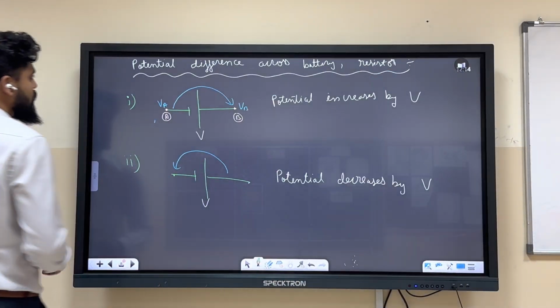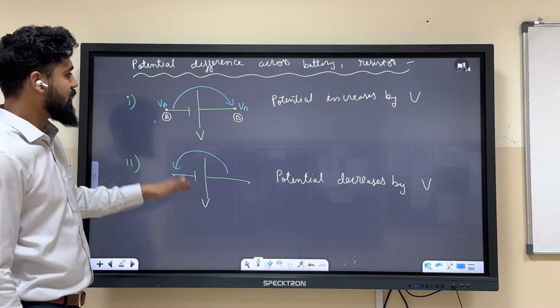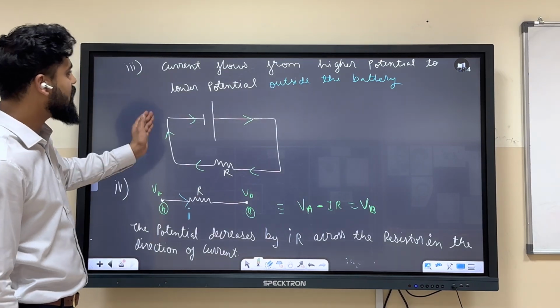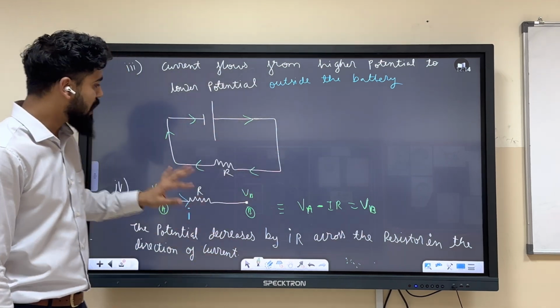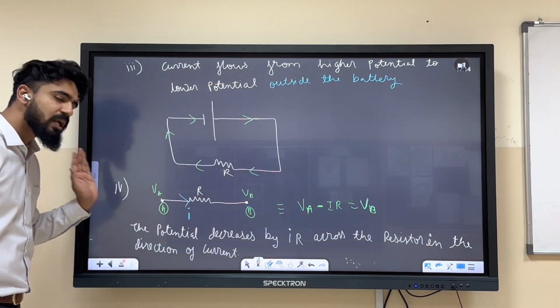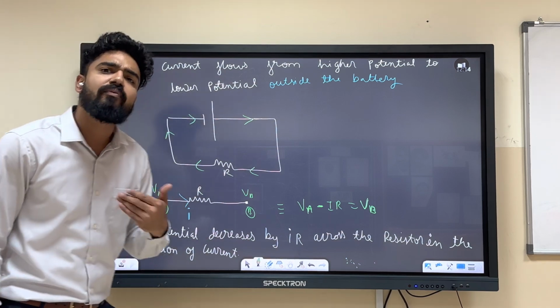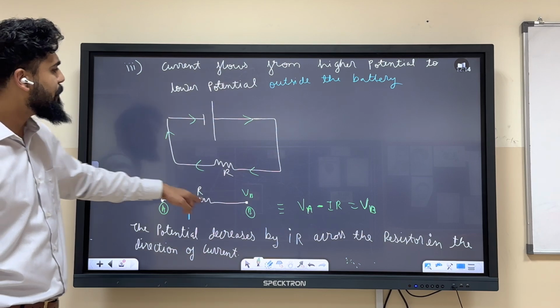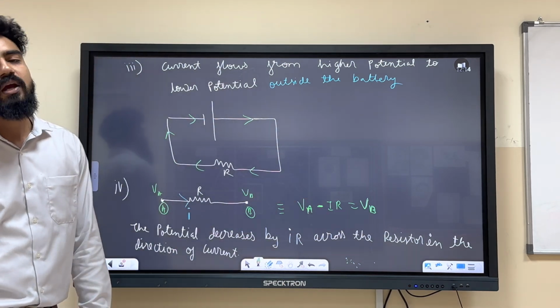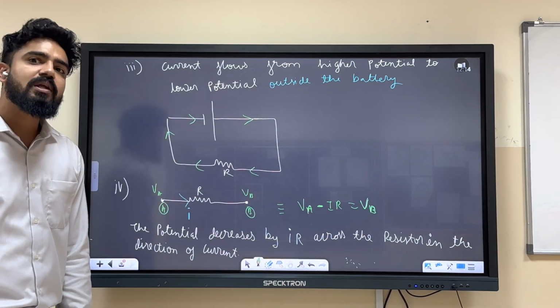Okay, so potential increases by V, decreases by V. Over here, current flows from higher potential to lower potential outside the battery, and over here, the potential will decrease by a factor of IR. Or we just want to say V minus IR equals to VB. Okay, in the direction of current, the potential decreases.